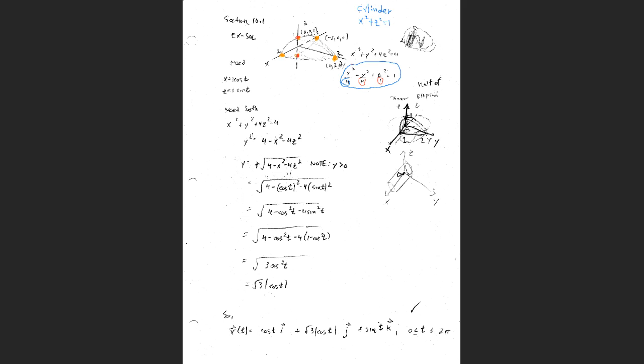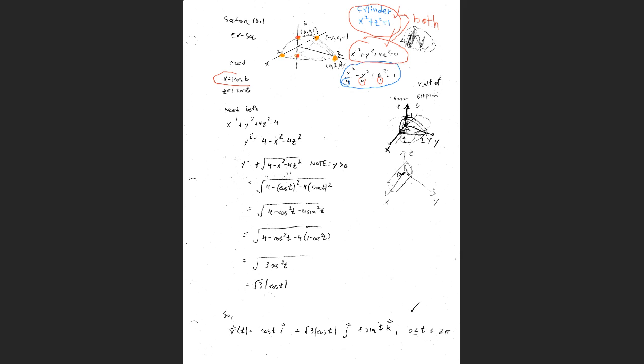Well, we have the intersection of this cylinder and this ellipsoid. That means where the intersection is, both equations have to be true. The x, y, and z components of the space curve have to obey both the cylinder and the ellipsoid.